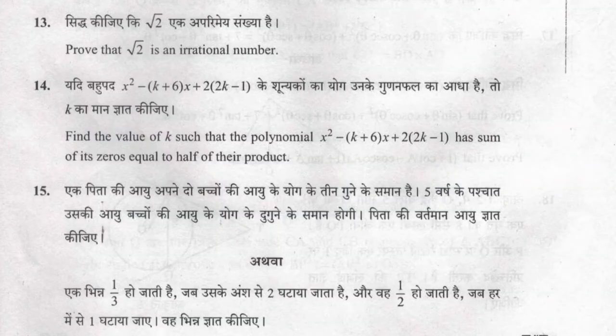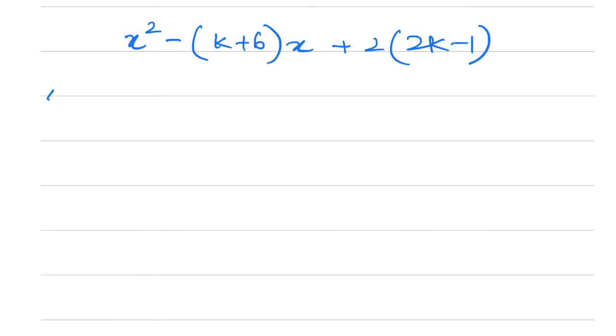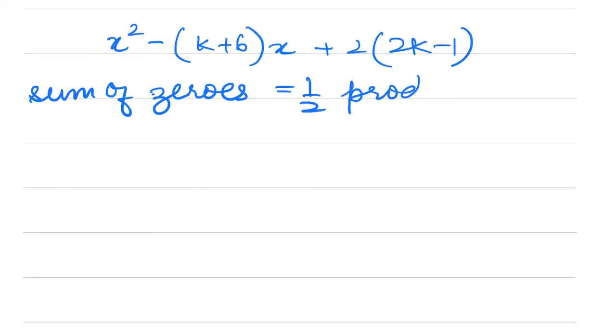The 14th question. In this we have to find the value of k such that the polynomial x square minus k plus 6x plus 2 multiplied by 2k minus 1 has sum of its zeros equal to half of their product. In this question we are given a equation x square minus k plus 6x plus 2k minus 1, and we are given that sum of its zeros is equal to half of the product of zeros.